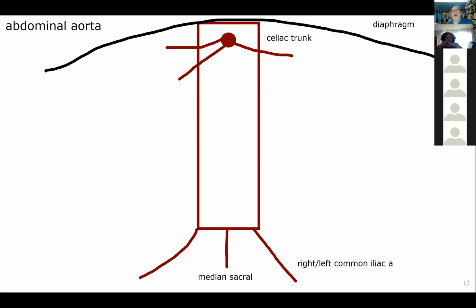All right, excellent. Common hepatic artery. Any idea where the common hepatic artery might be on its way to? Liver. Excellent, on its way to the liver. Spectacular. Splenic artery. Where is the splenic artery going to? Spleen. Excellent, going to the spleen.